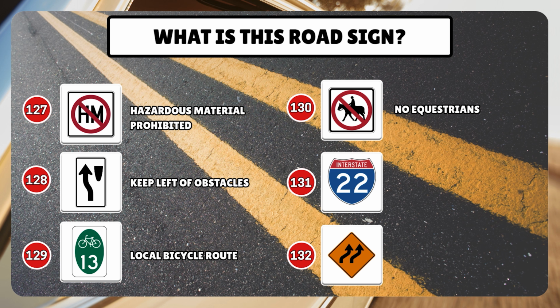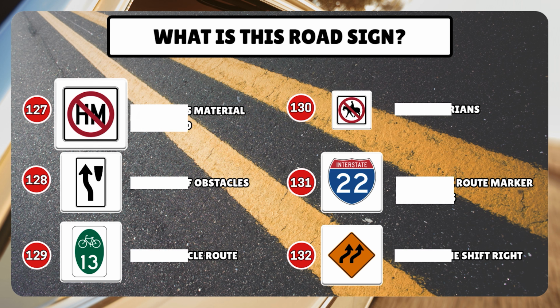Right again. That is a no equestrian sign. That is an interstate route marker 2-digit sign. Nicely recognized. That is a double lane shift right sign.